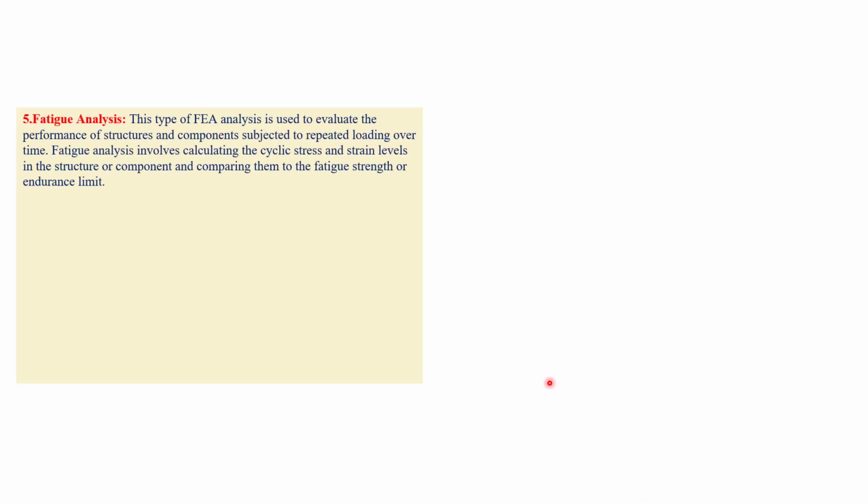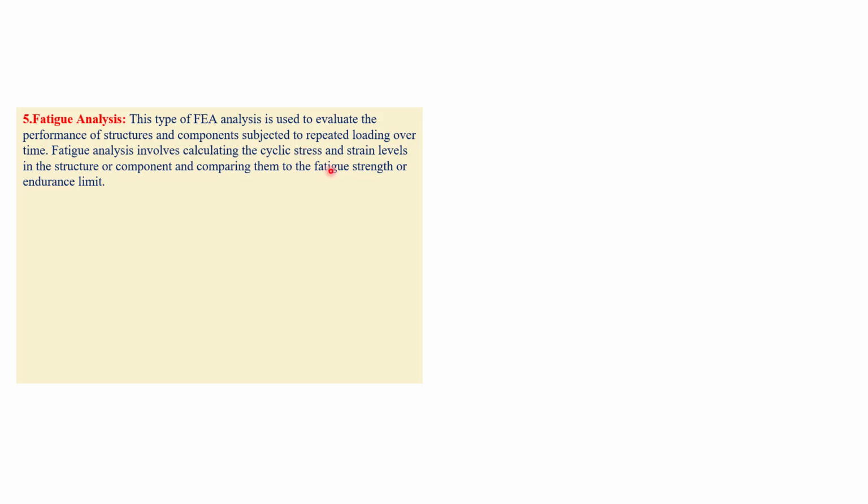Yeah, the next one is the fatigue analysis, where we deal with the repeated loading over time, right? That loading might be cyclic or it might be variable, it depends. Depending upon these loading conditions, we extract the results in the form of stress or strains, and then we add this into fatigue analysis advanced tools like FE-Safe and different tools.